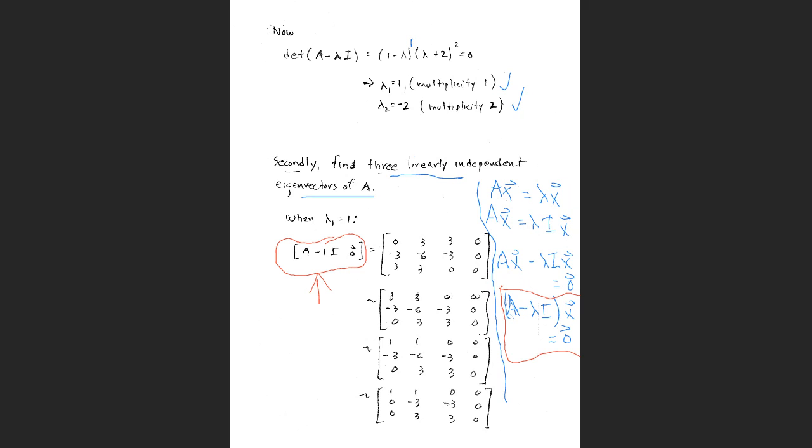And if you take the matrix A and subtract the identity, you're going to get, well, along the diagonal, 1 minus 1 is 0. Negative 5 minus 1 is negative 6. And 1 minus 1 is 0. And then the rest of the values stay the same.